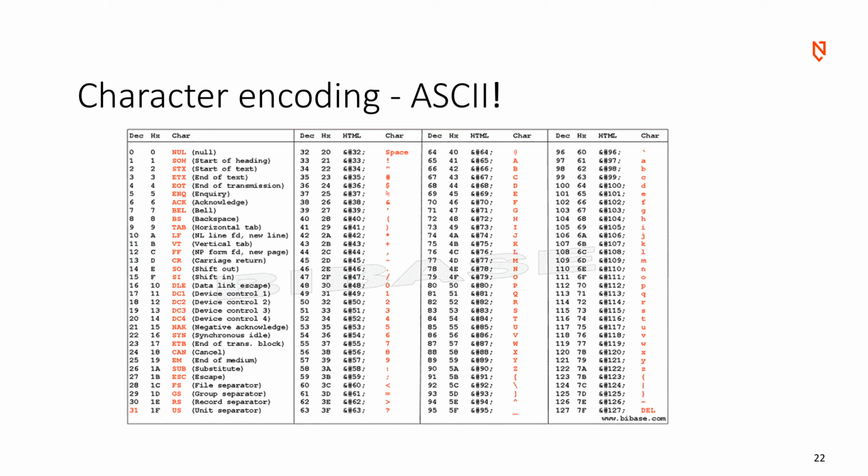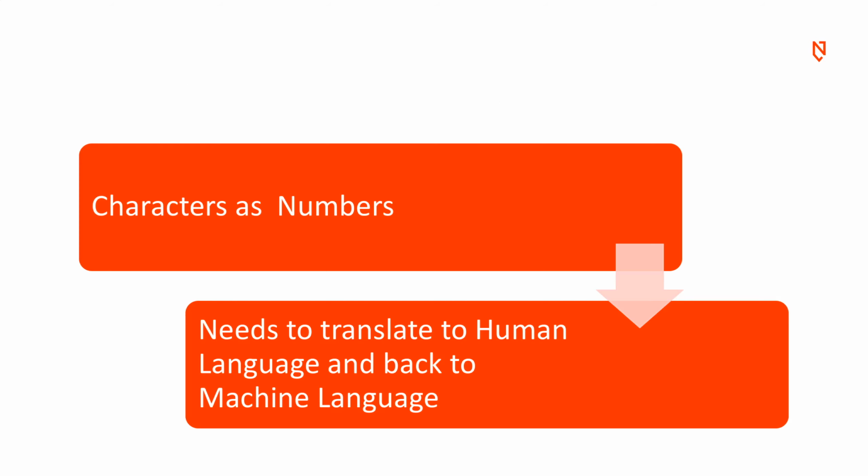To achieve this, a standardized mapping was created that defined what numbers should be used to represent all the characters in the English language. This mapping was called the American Standard Code for Information Interchange, or ASCII for short. It starts with 7 zeros and continues to 7 ones and has 127 characters.